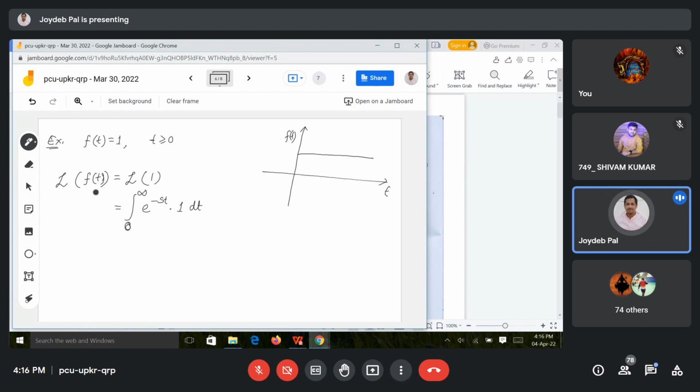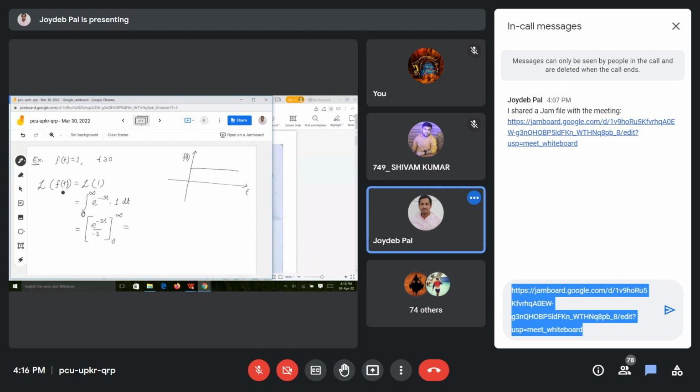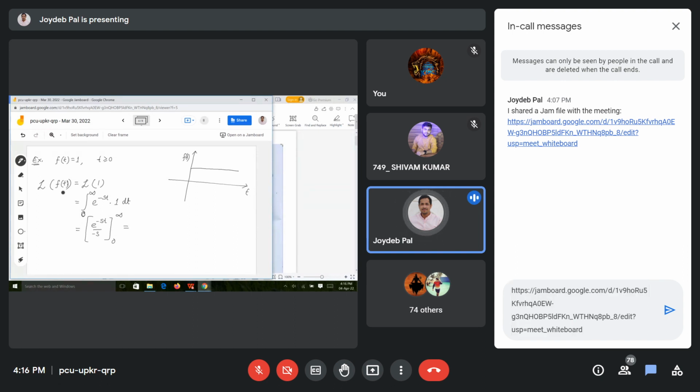This integration 0 to infinity e to the power minus st into 1 dt equals, when you integrate it, simply e to the power minus st by minus s, from 0 to infinity. Now the values 0 and infinity are values of t. If you put t equal to infinity, it will be e to the power minus infinity, provided s is positive, is it not?